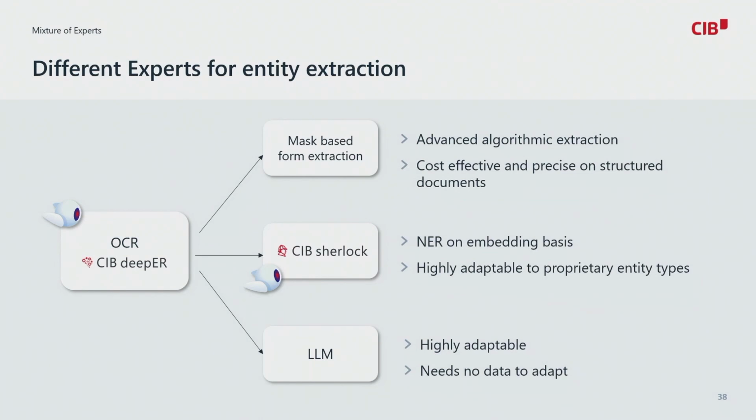Then a second system is our in-house system. This is a bit of an older architecture, but because of that, it's a smaller system. You have, again, a BERT type embedding. On this BERT type embedding, you do named entity recognition. And this is highly adaptable. You can train it with very little customer data, about 10 examples per entity.